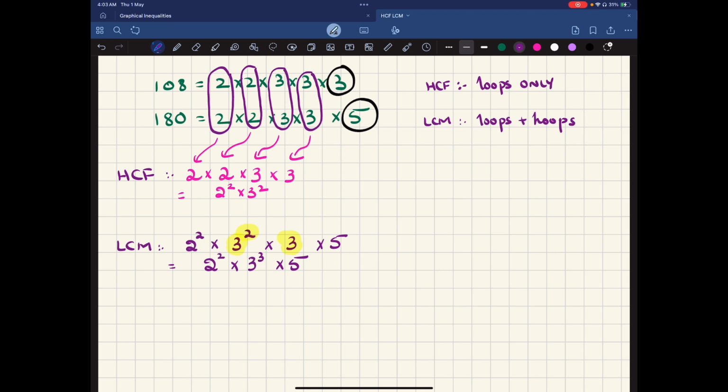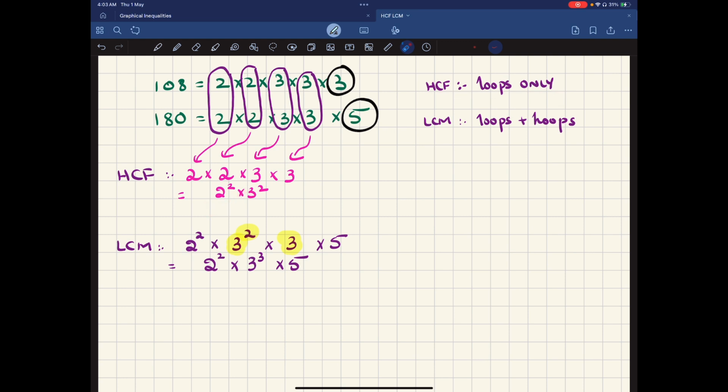Okay, so I just hope that the concept is clear, that whenever they're asking to find the HCF or LCM, you're going to express the number as a product of their prime factors, and then you're going to make loops of common factors, and whatever is left is going to form the hoops. Your HCF is loops only, okay?